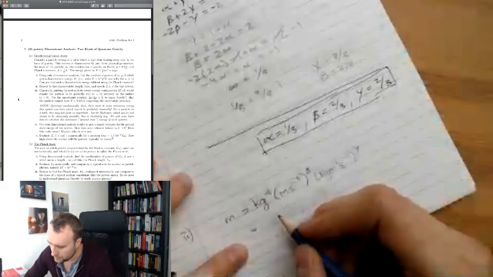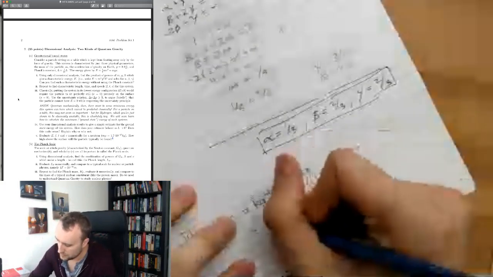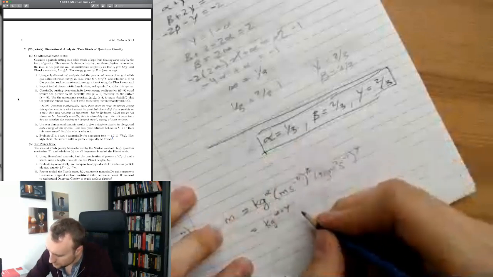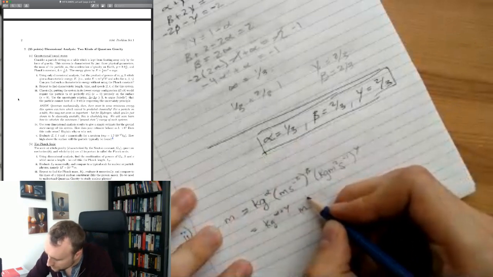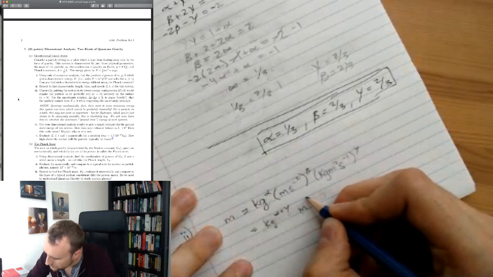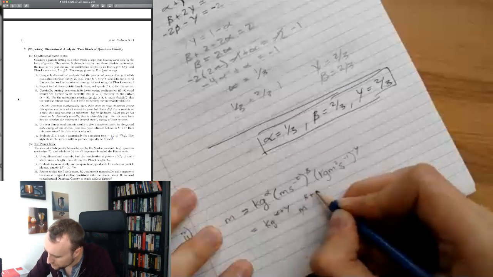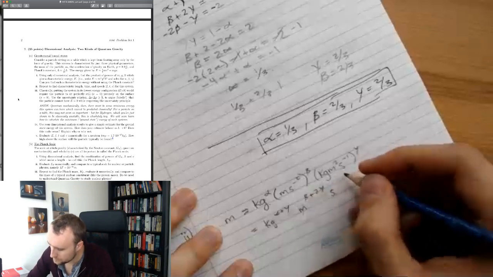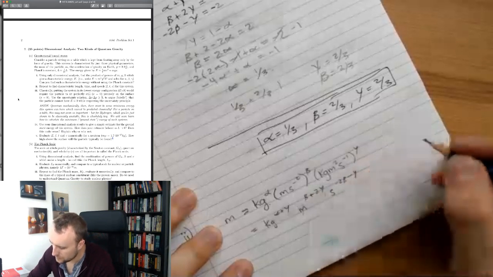All right, so we have kilograms A plus this of meters is meters times beta. Oh, this is the same thing. I'm going to just copy this. Minus 2 beta minus this.